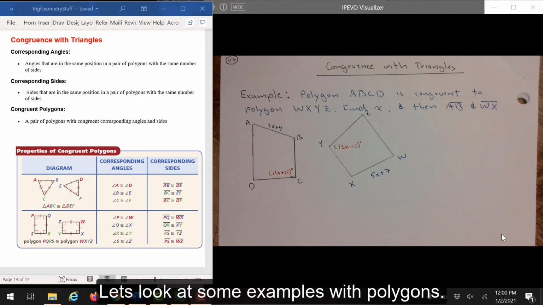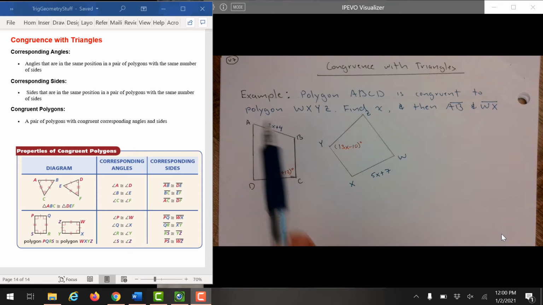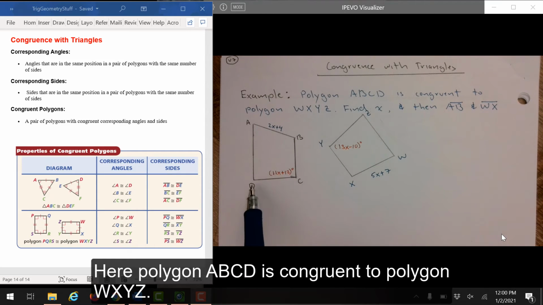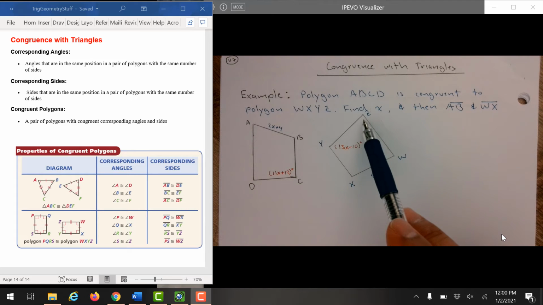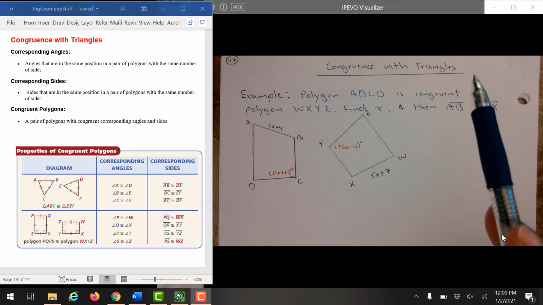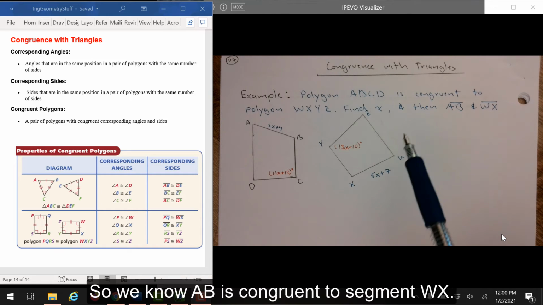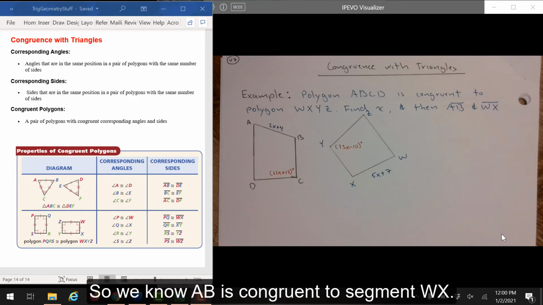Let's look at some examples with polygons. Here, polygon ABCD is congruent to polygon WXYZ. So we know AB is congruent to segment WX.